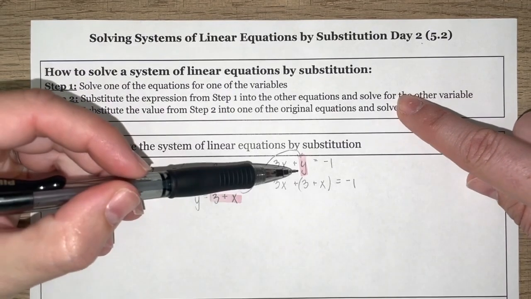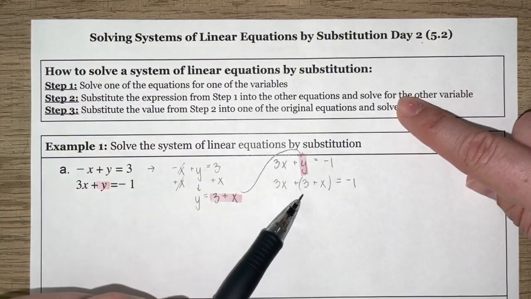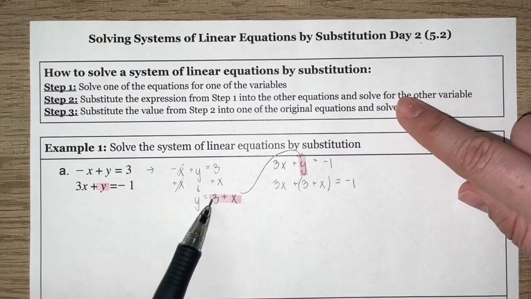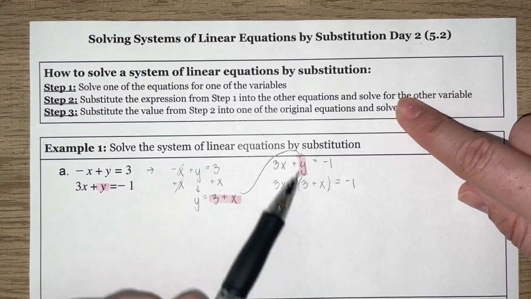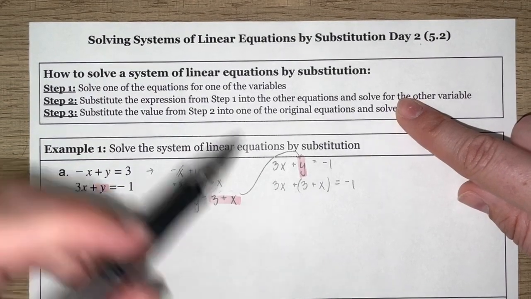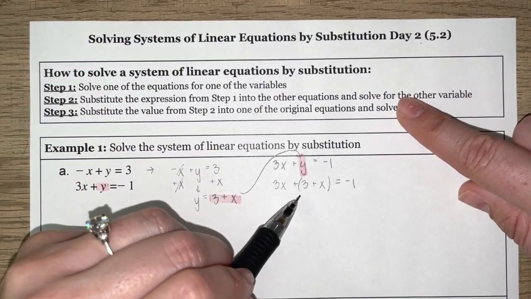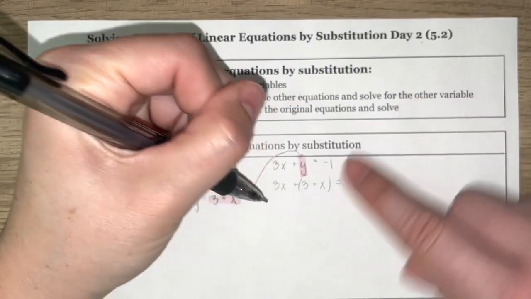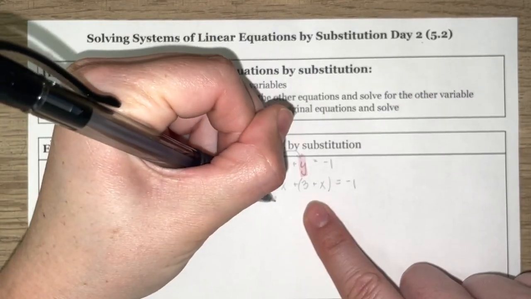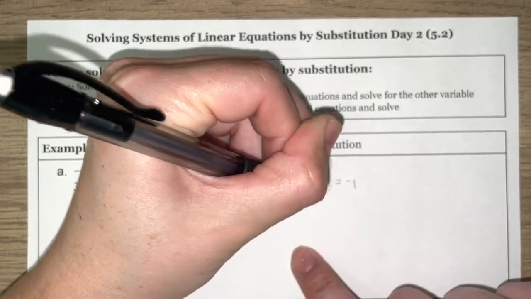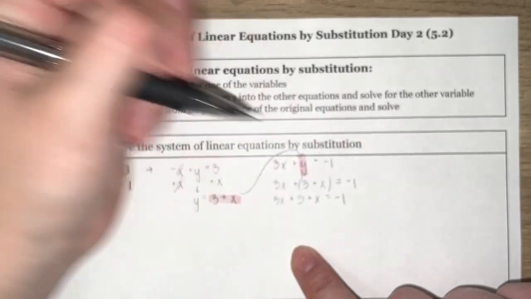When the coefficient of y is 1, you don't really need the parentheses, but sometimes it's helpful to see that this 3 plus x is genuinely just replacing the y, because we're saying that y is equal to that. There's no number in front of my parentheses that I need to distribute. So I can just take these parentheses off and rewrite the equation: 3x plus 3 plus x equals negative 1.